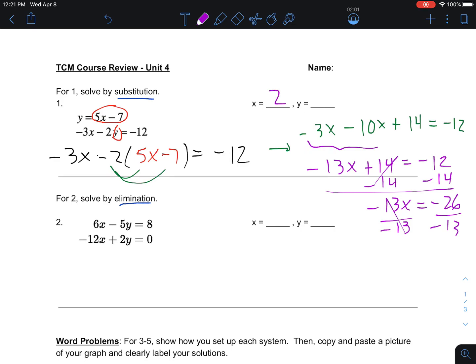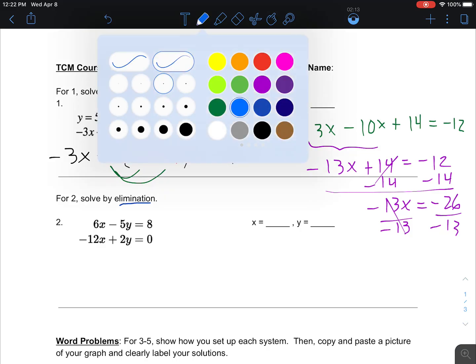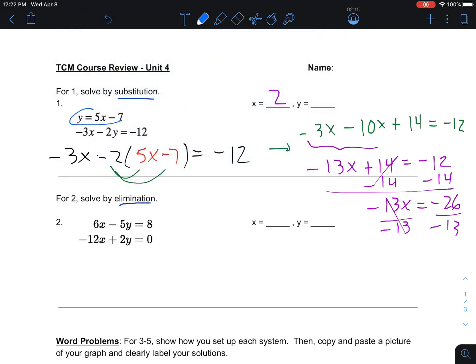So again, substitution requires a lot of just arithmetic and algebraic skill. Once you have an answer, this part's easy, because then once you know what x is equal to, you would just take one of these two equations. I would take, in this case, the top one. It looks easier to work with, and plug x's value into it.